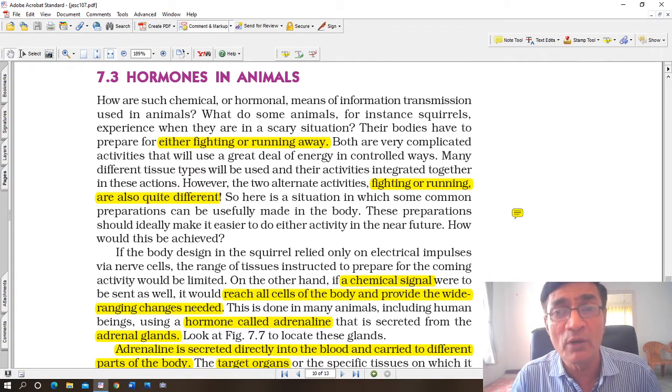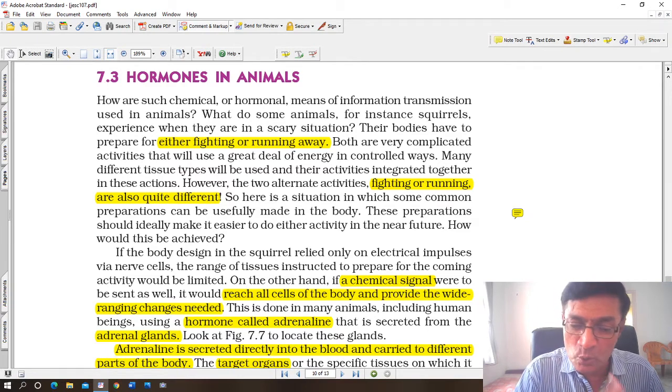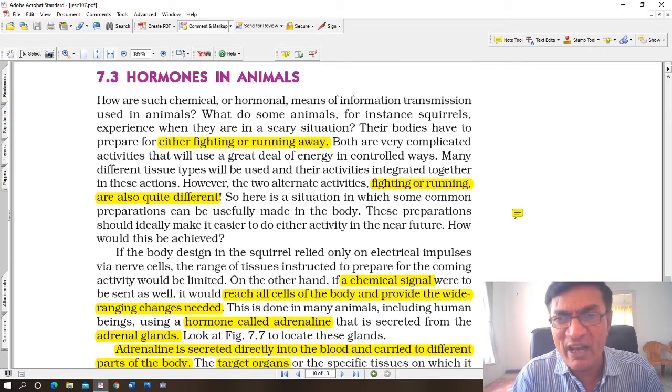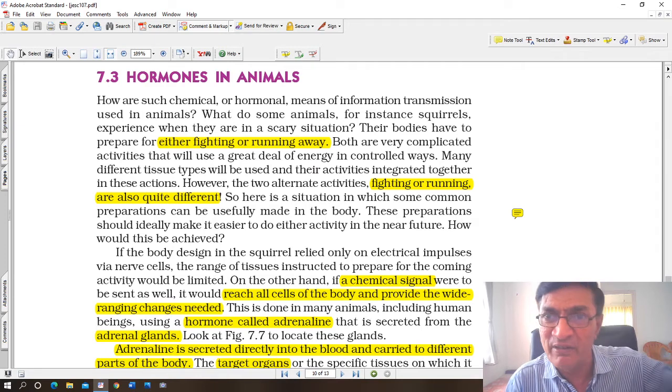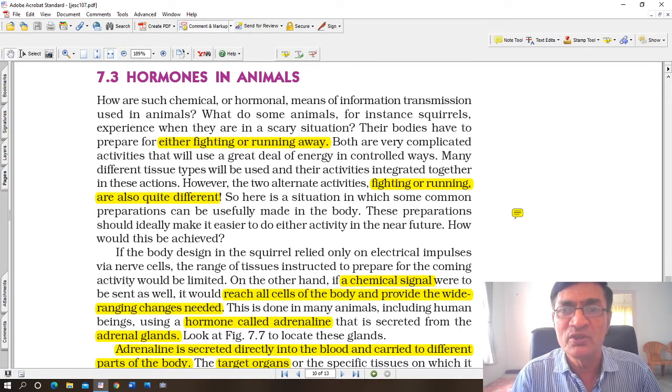Otherwise most of them would run for their life. So there are two things. Our body has two mechanisms, fight or flight, and that helps to save our life. When we fight, it helps us survive. When we take flight, when we run away, that also helps to save our life.